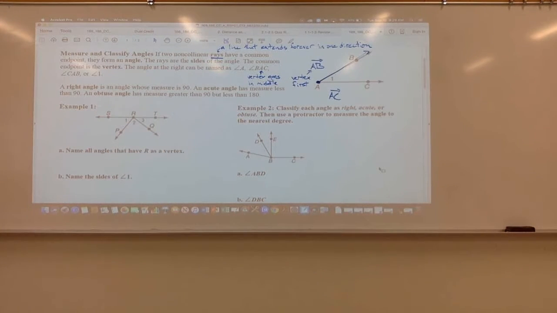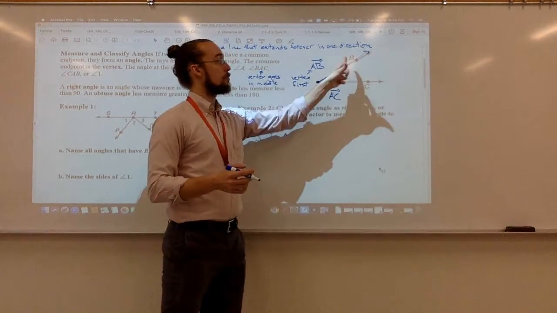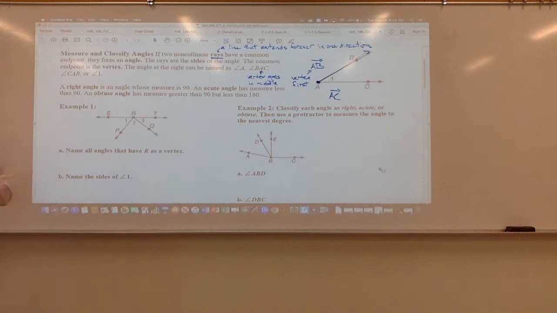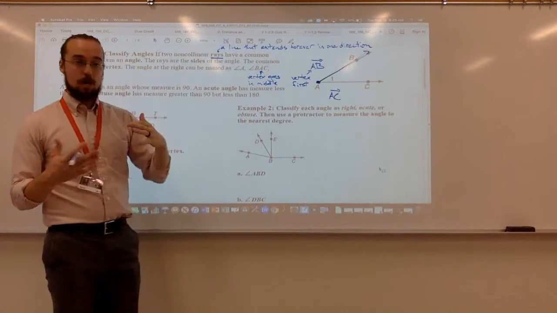It might be a good idea to jot that down. So we could call this angle BAC, or we could call it CAB, just as long as the vertex is in the middle. We'll get there in a second. So when we're naming an angle, there are a couple of ways to do it.